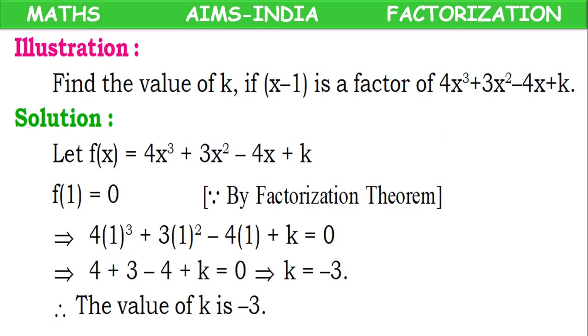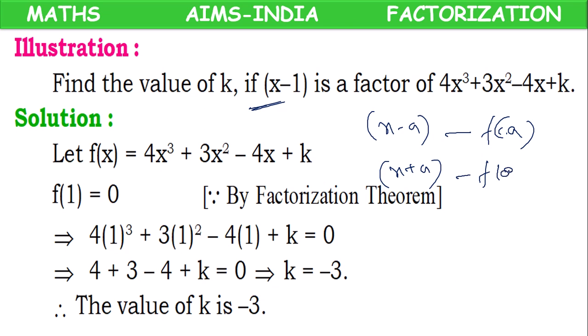So according to the factors, the remainders will change, children. If it is in the form of x minus a, f of a will be the remainder. If it is in the form of x plus a, f of minus a will be the remainder. If it is in the form of ax plus b, then f of minus b by a will be the remainder.